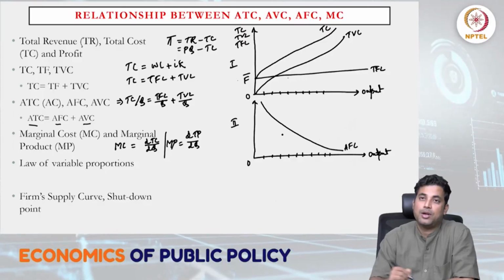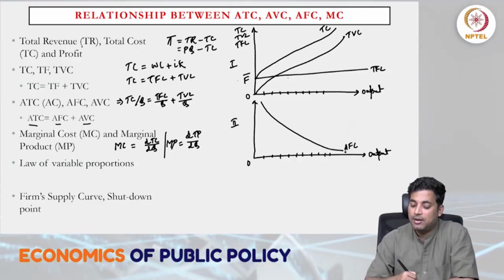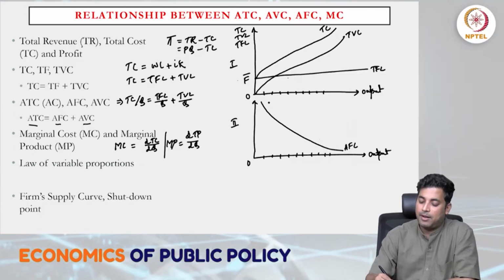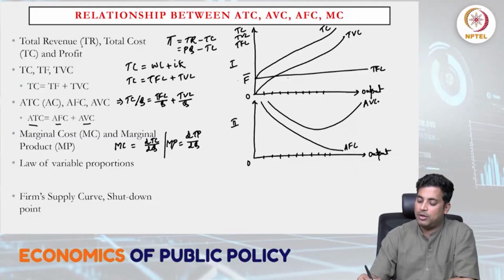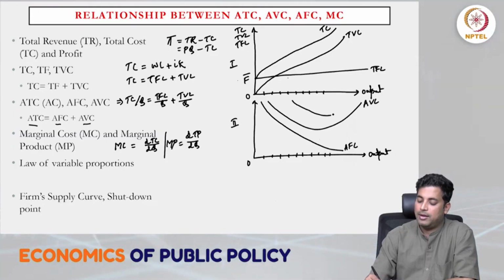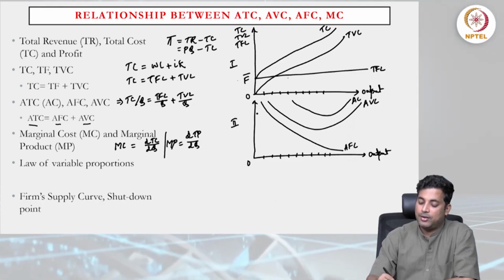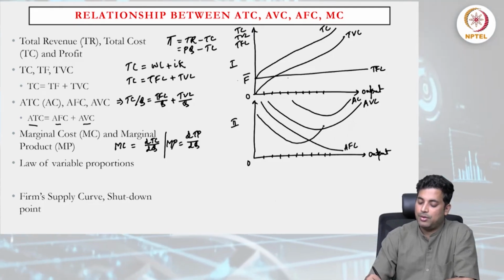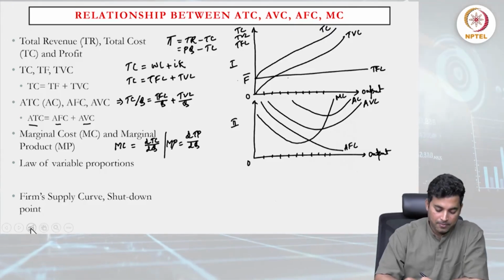So it is downward sloping, but it will never be 0, it is asymptotic. And here is the average variable cost, and here average cost, and then as we know this is the marginal cost.